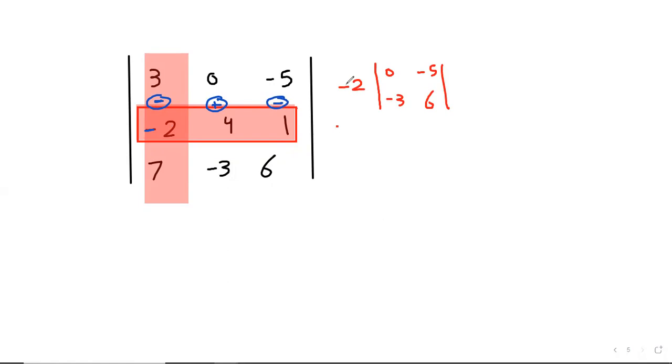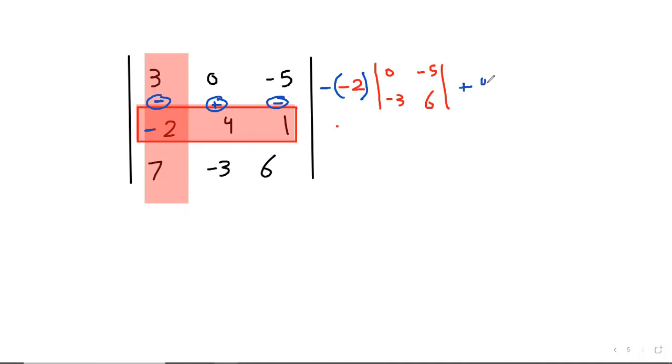So we wrote negative here before -2, because the sign here is negative, so we must put negative before this element. Then write -2, hide the row, hide the column, and write all elements. There is 0, -5, -3, and 6.